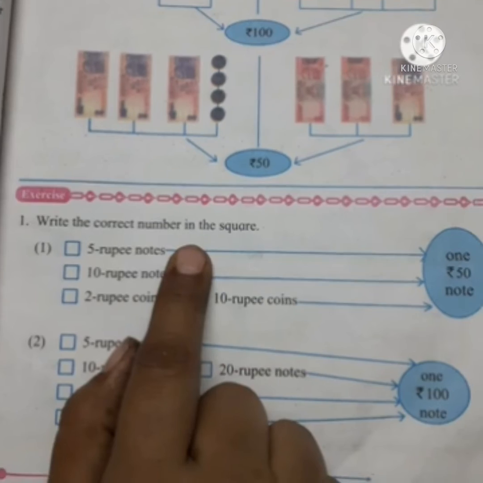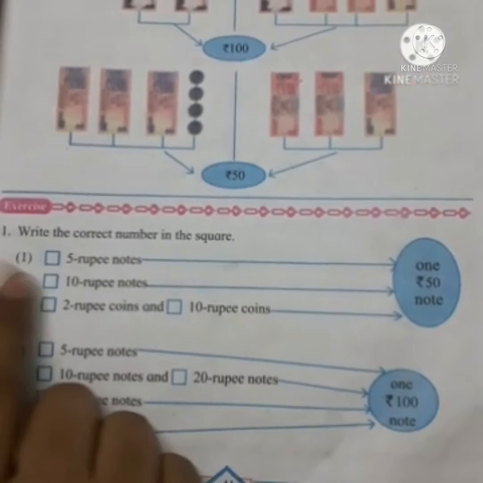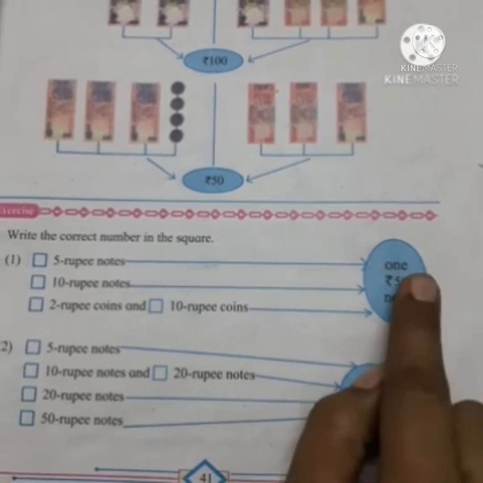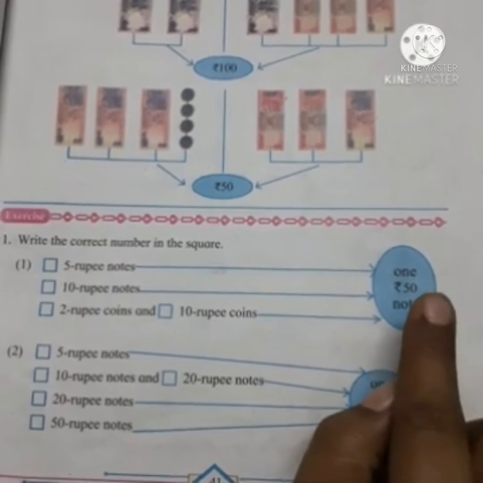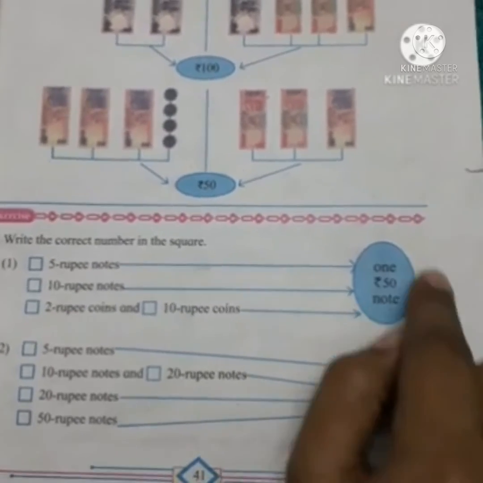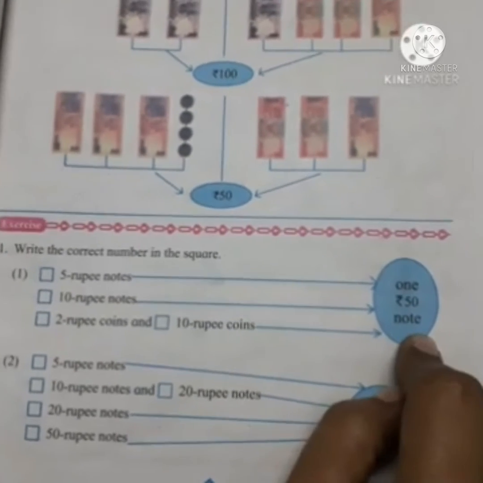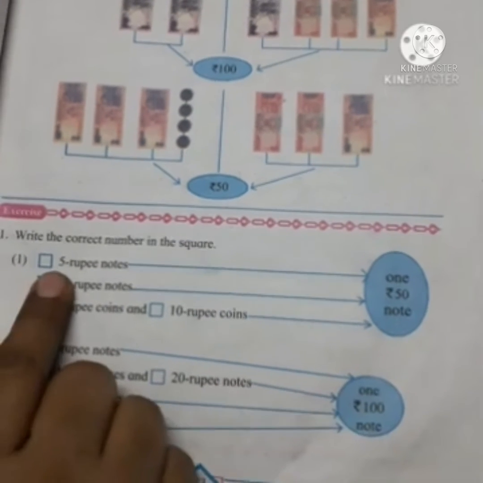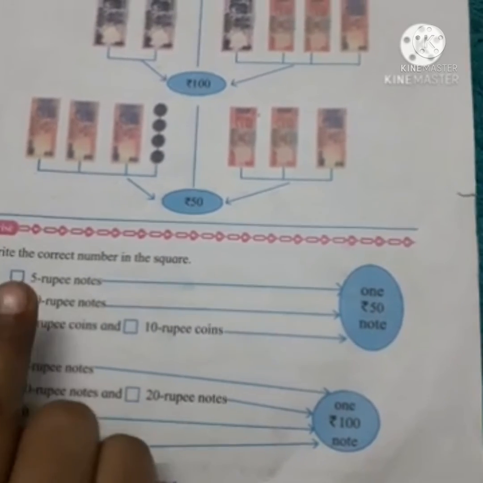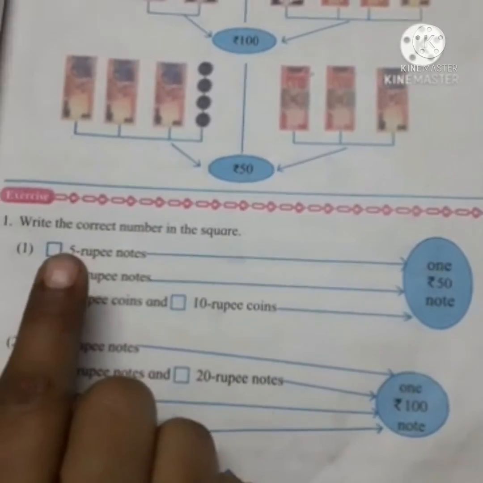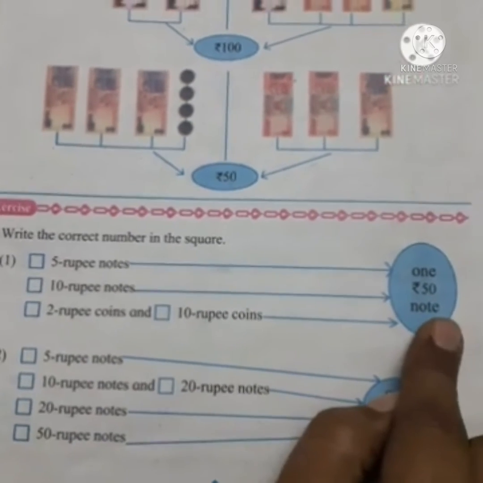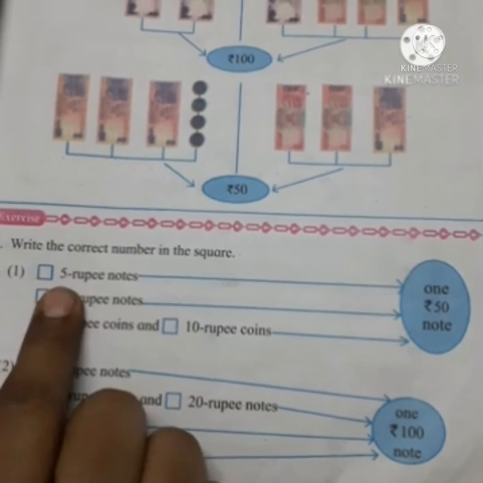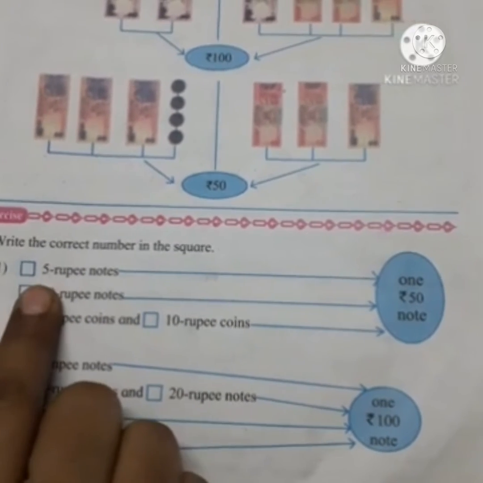See, write the correct number in the square. First question, see here: 1 note of 50 rupees is given here. So the question is, for a 50 rupee note, if you take 5 rupee notes, how many 5 rupee notes will you take to complete this 50 rupee note? If you take 2 notes of 5 rupees, it will become 5 2s are 10 rupees.